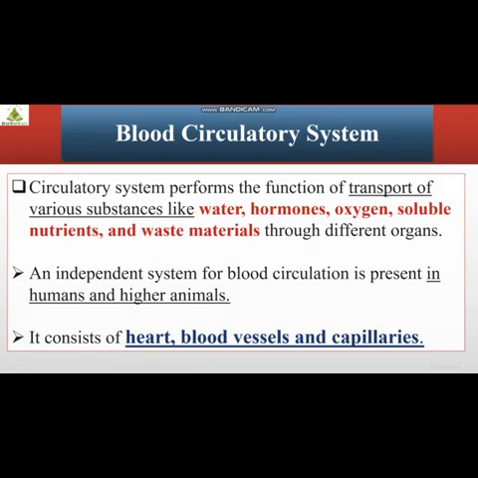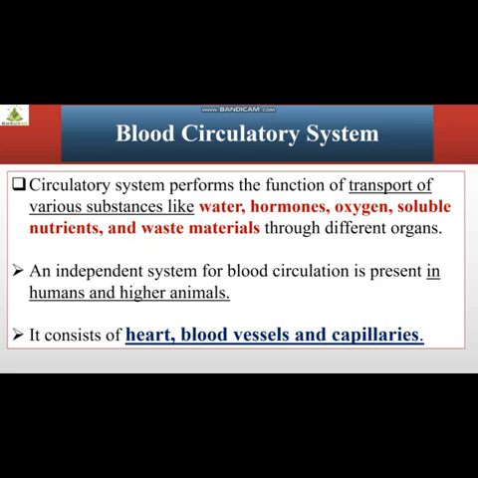The circulatory system performs the very important function of transport of various substances. Which substances, students? Examples are water, hormones, oxygen, soluble nutrients and waste materials through different organs. Please remember these words: an independent system for blood circulation is present in humans and higher animals.